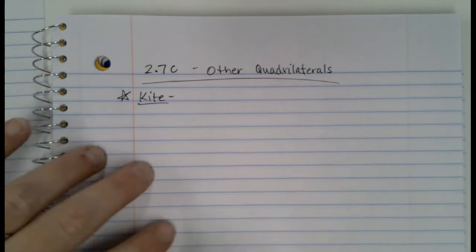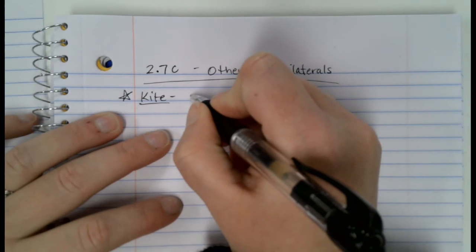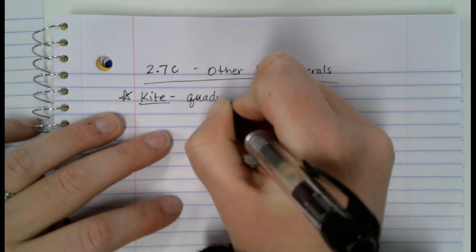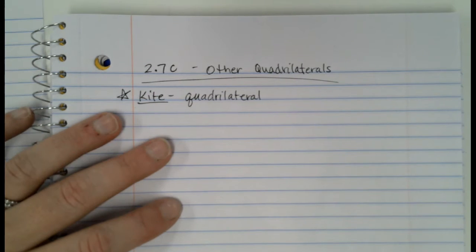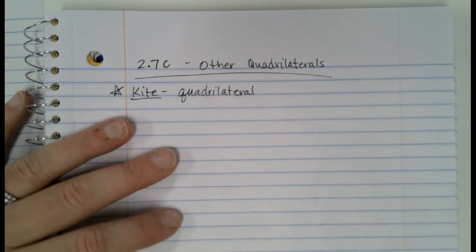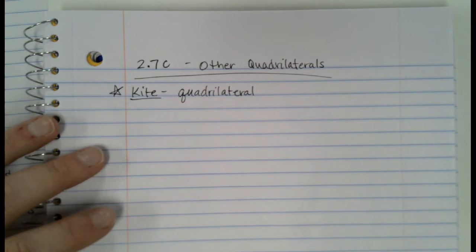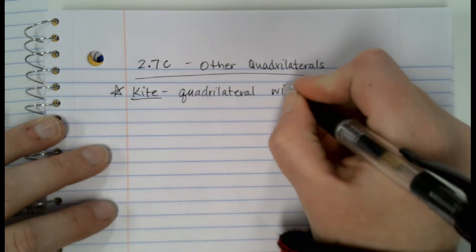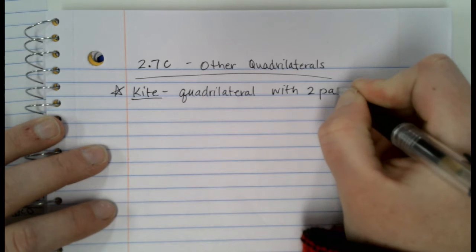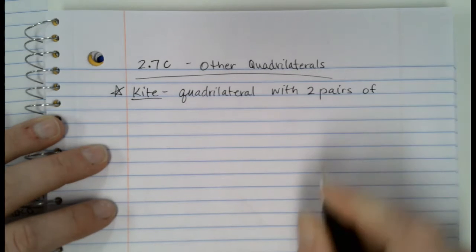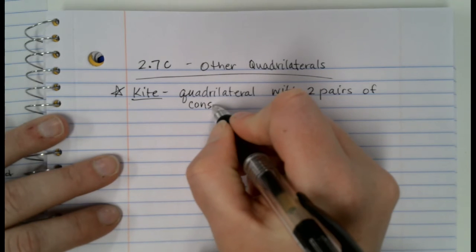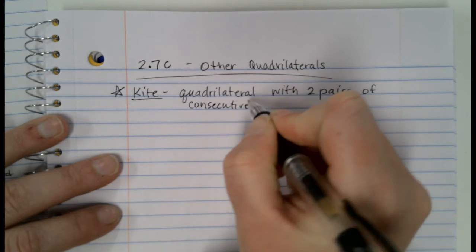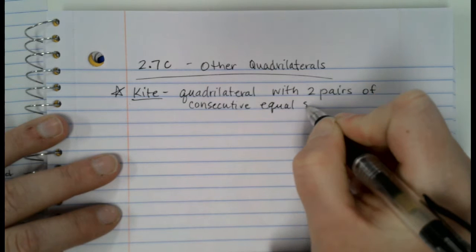So the definition of a kite is, first of all, it is a quadrilateral with two pairs of consecutive equal sides.